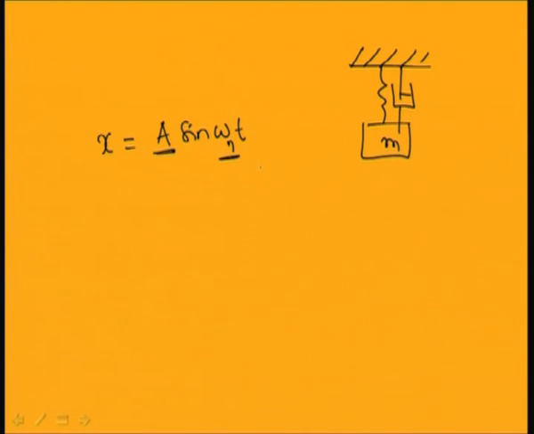Similarly, in this case also I can assume the solution in this form, x1 equal to a1 e to the power i omega t, and similarly x2 equal to a2 e to the power i omega t.